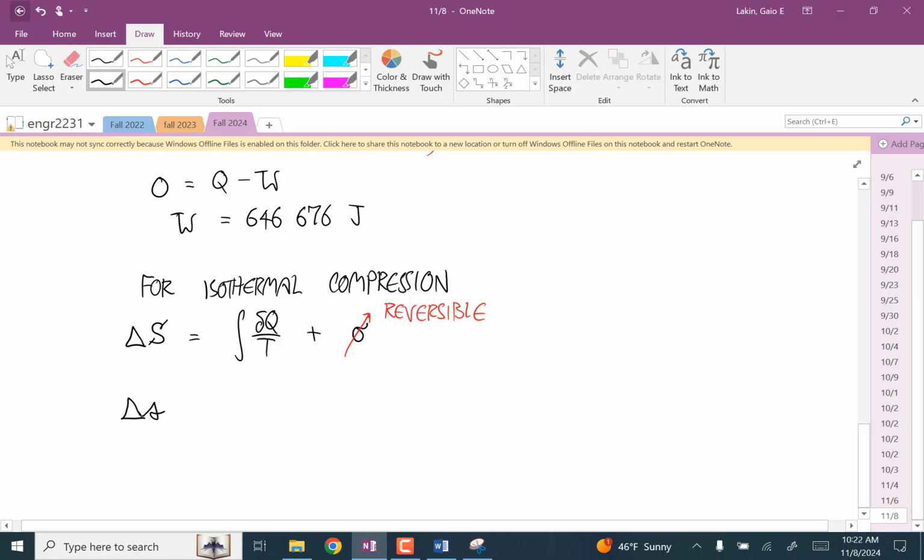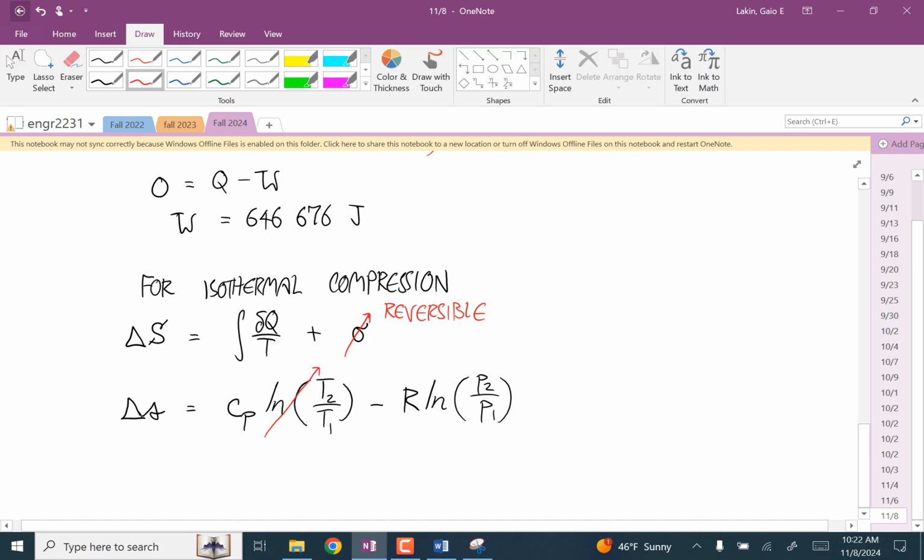Delta little s is equal to Cp times the natural log of T2 over T1 minus R times the natural log of P2 over P1.